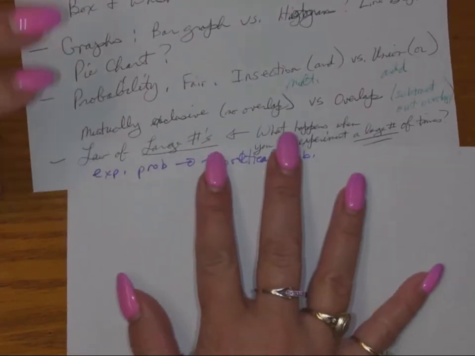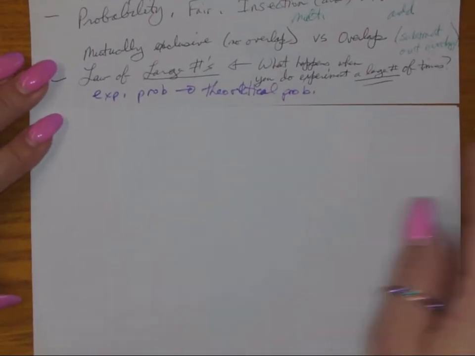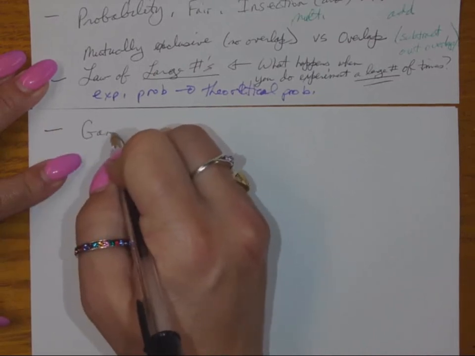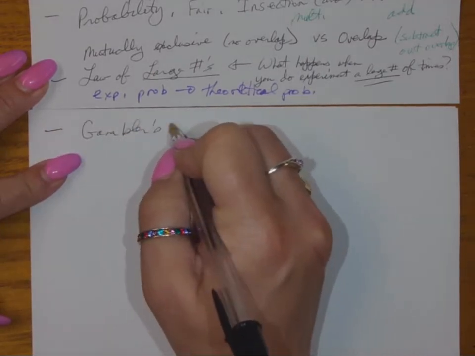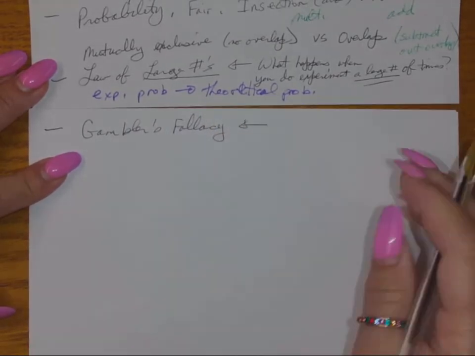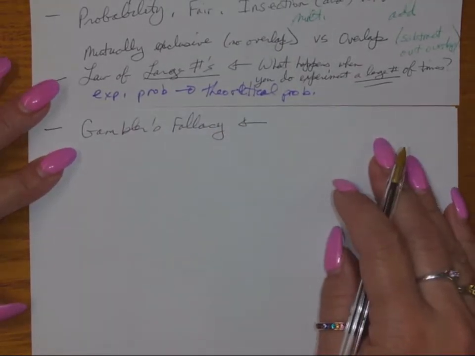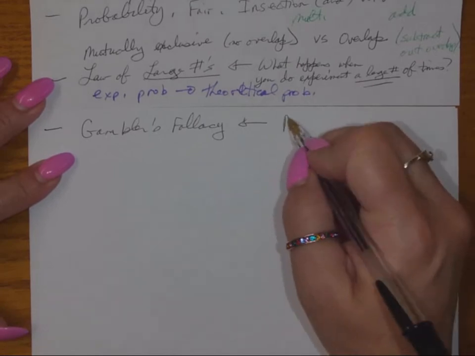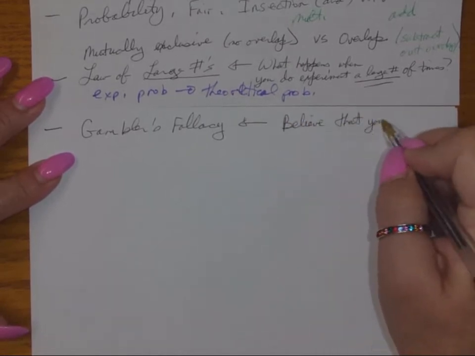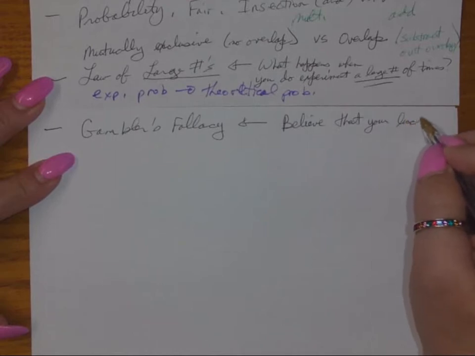And remember, there's a difference between the law of large numbers and the gambler's fallacy. The gambler's fallacy is something that a lot of gamblers believe: that your luck will change, either for good or bad.